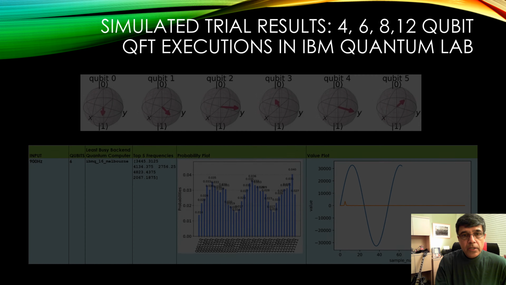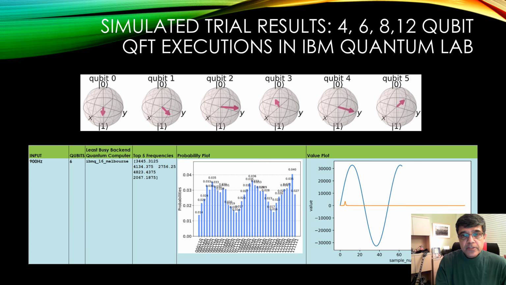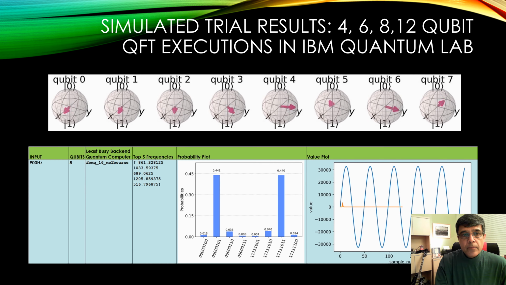And then we moved to 6 qubits. The waveform started to get accurately depicted, as did the sharp peak shown in the orange curve in the value plot. The histogram also showed fairly good top 5 frequency detail. For 8 qubits, it was also good results.